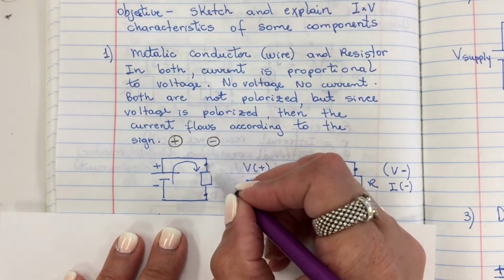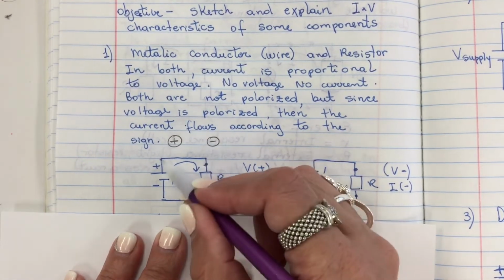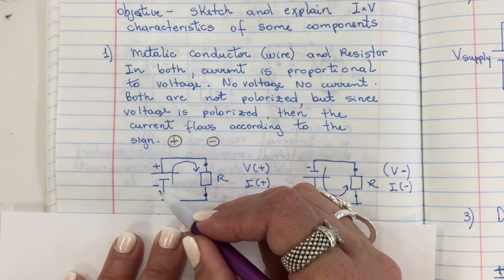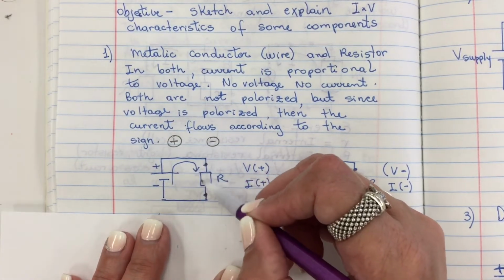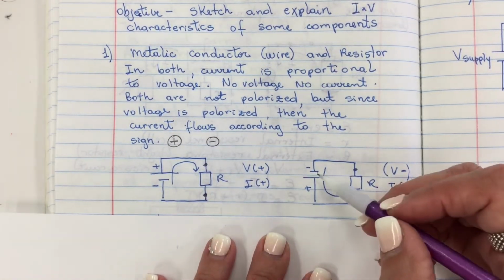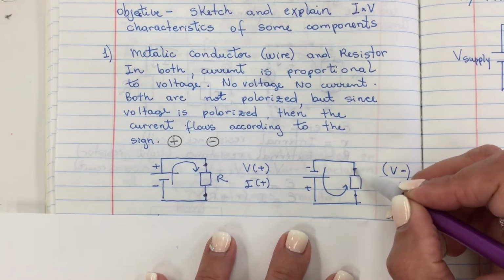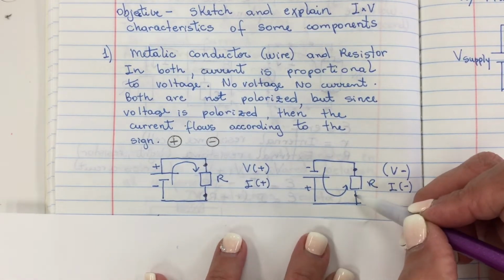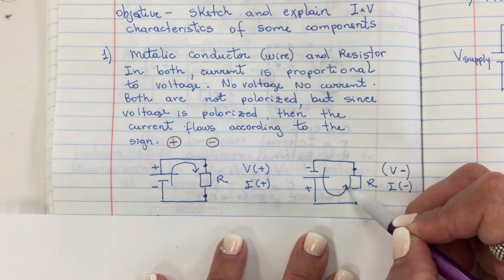So here we have the terminals of a resistor connected to the positive and the negative terminal of the battery. So the current is going to flow in this direction. However, if the battery terminal is reverted, the resistor, even though it's not polarized, the current is going to flow in the other direction.